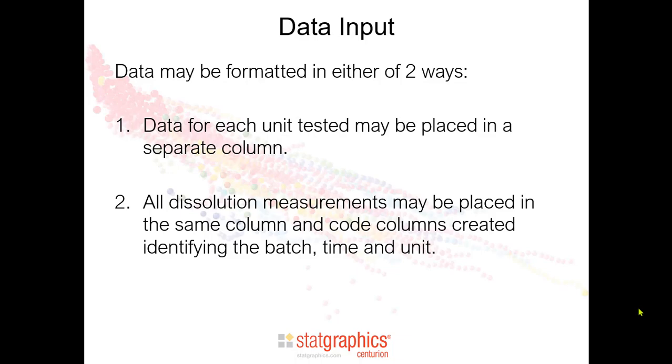In Statgraphics version 20, the data may be formatted in either of two ways. First, the data for each unit tested may be placed in a separate column. Second, all dissolution measurements may be placed in the same column and code columns created identifying the batch, time, and unit.